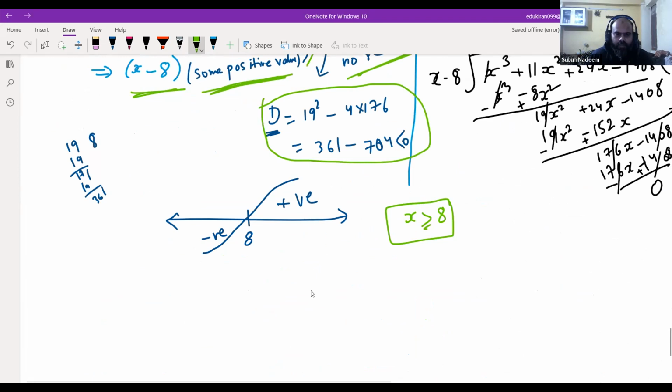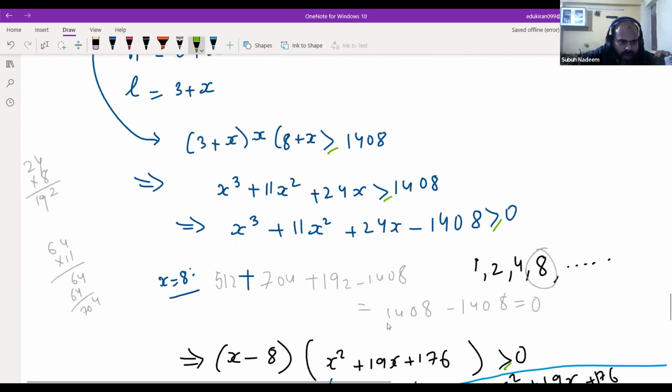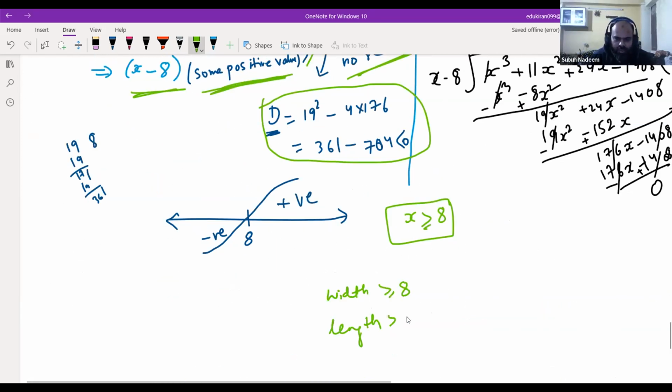So what was x? Width. So width is greater than equal to 8 and length was 3 plus x, height was 8 plus x. Corresponding to that, you can find length also, height also.